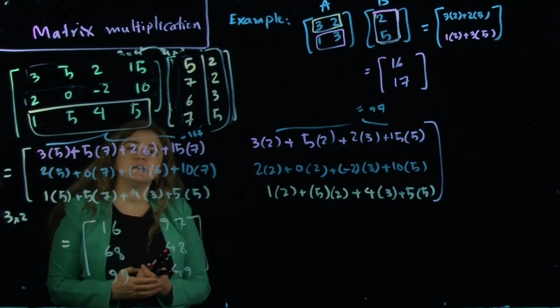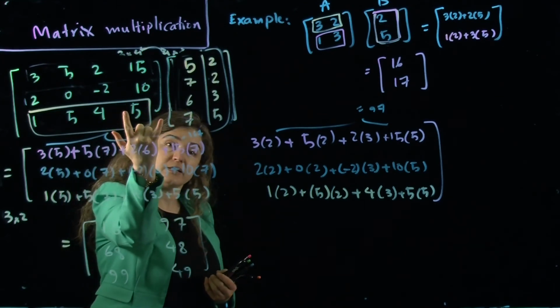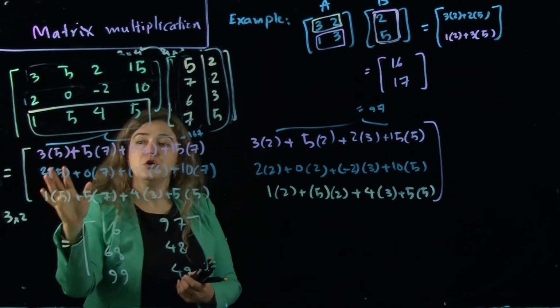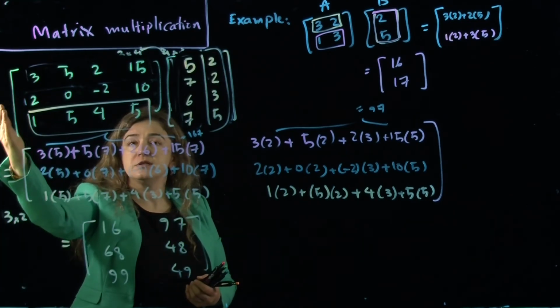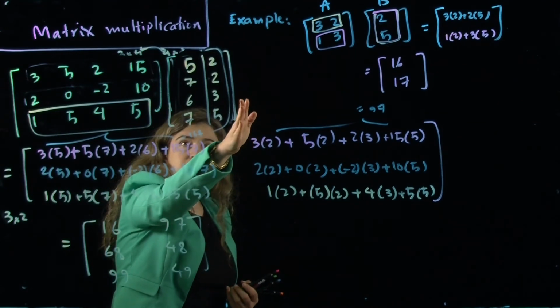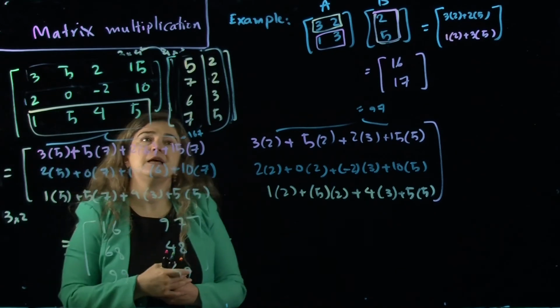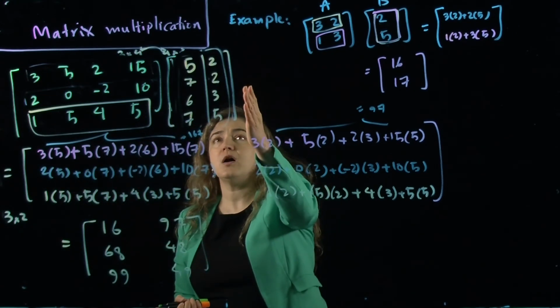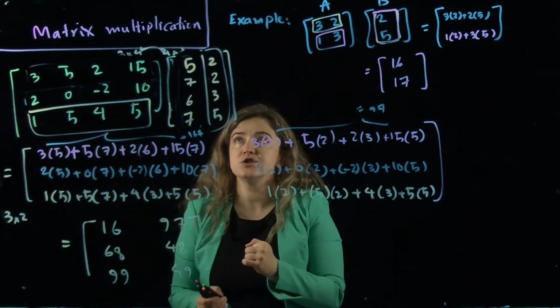Other question is, can we switch the order for this matrix multiplication? No, we cannot, because the number of rows here is 3, and the number of columns here is 2, and they don't match, so the order cannot change.